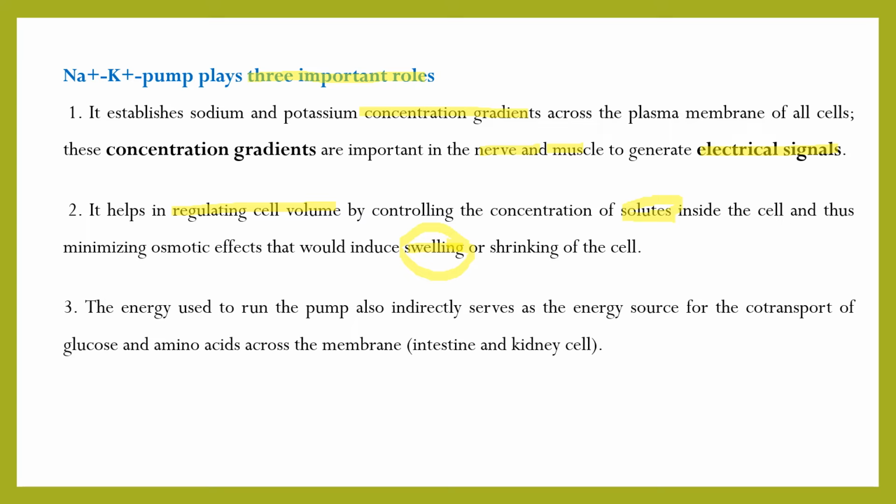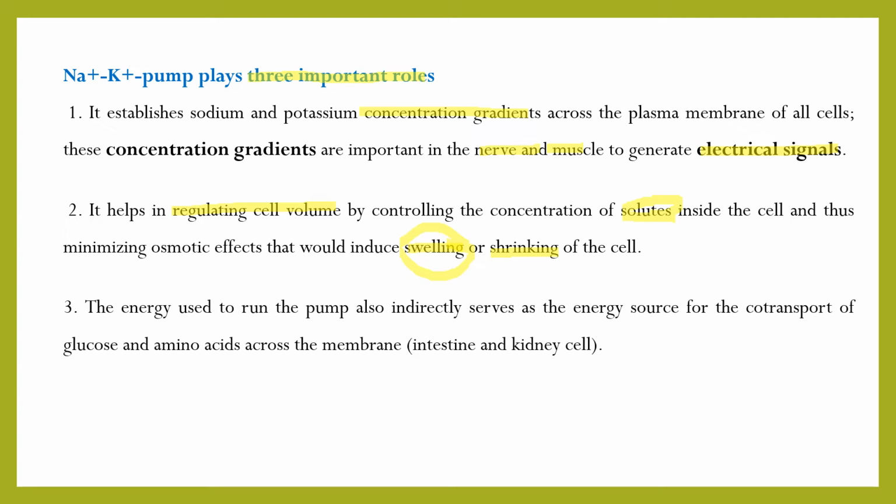But if the extracellular fluid of the cell is more concentrated than the intracellular fluid, water will be driven out of the cell into the extracellular fluid. So the volume of the cell will be reduced, and the cell shrinks. This way, the sodium-potassium pump can regulate the volume of the cells.